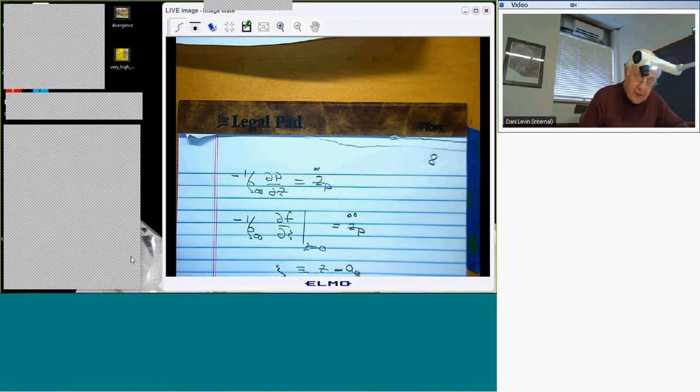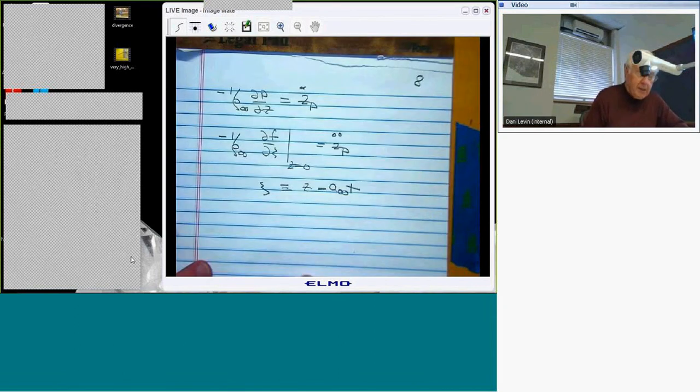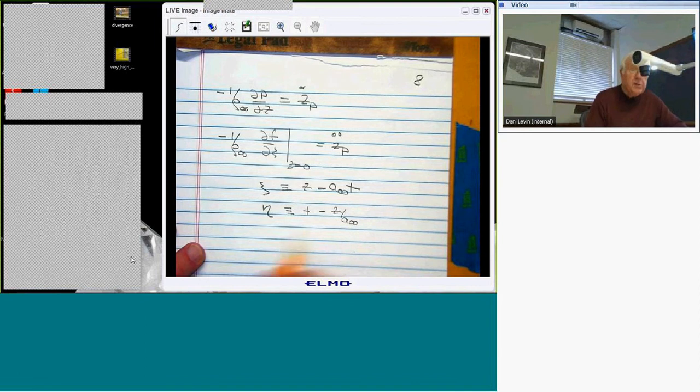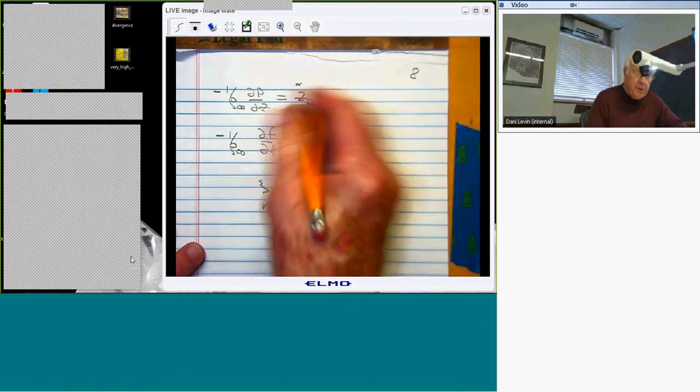And I could instead define a variable eta, which is t minus z over a infinity, and it would still be true that there would be a new variable f, which would go like this.